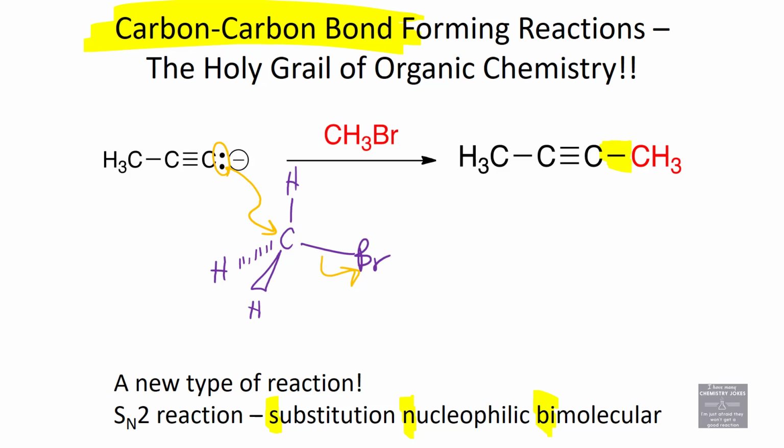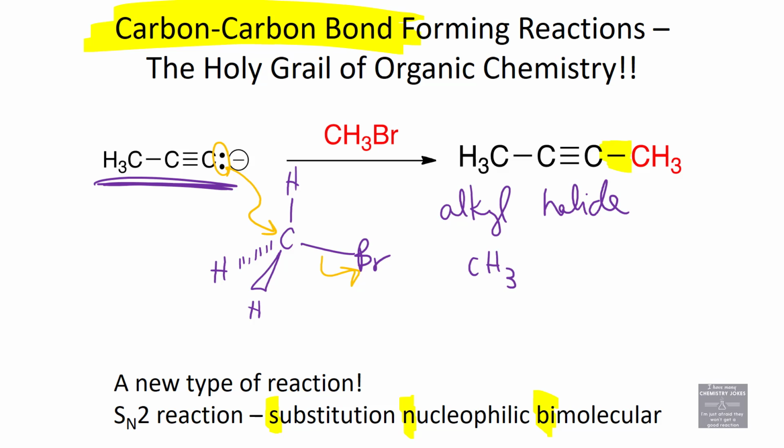The SN2 reactions that we're going to see this unit are all an alkyne with a minus reacting with an alkyl halide. The alkyl halide can be like the one given here. That's a methyl alkyl halide.